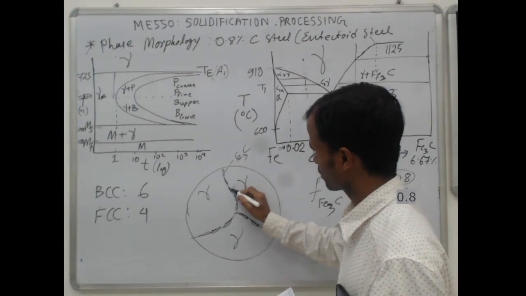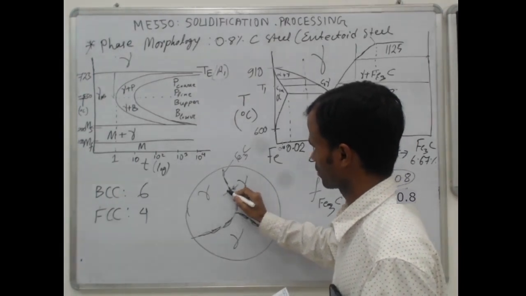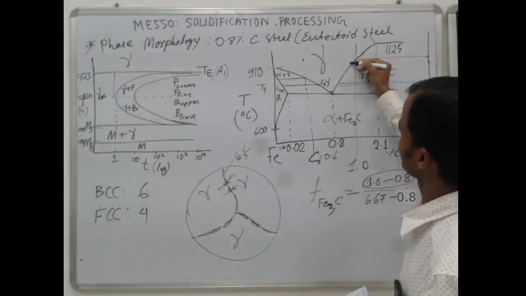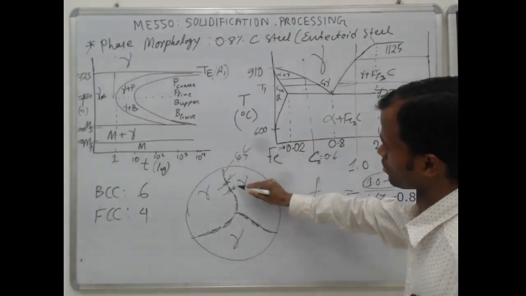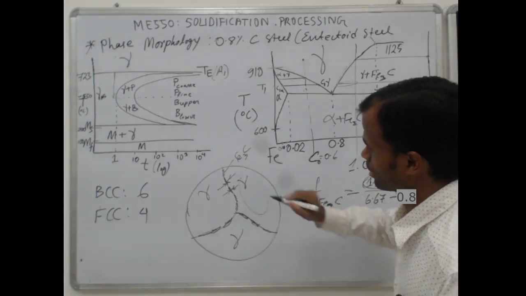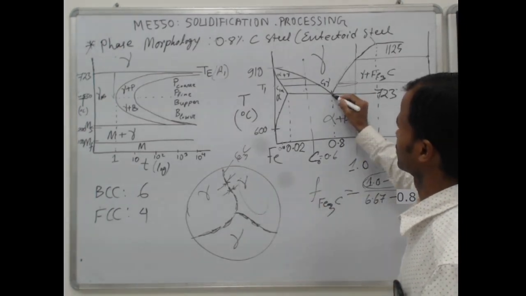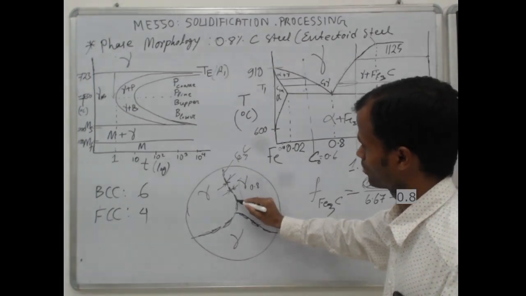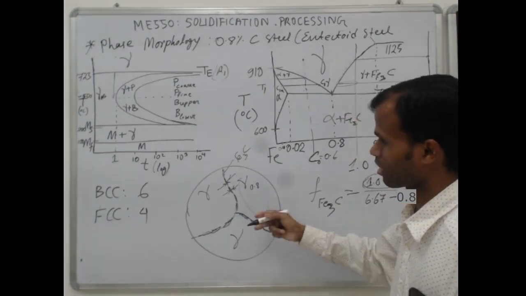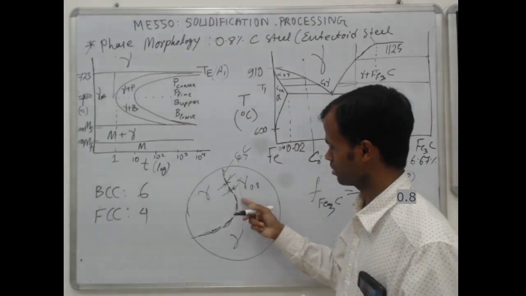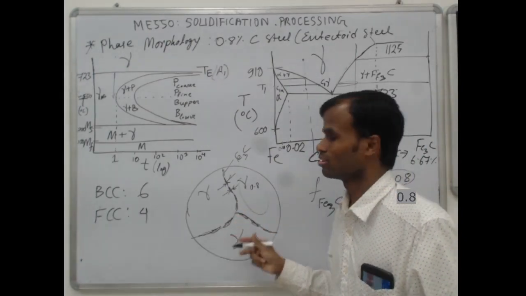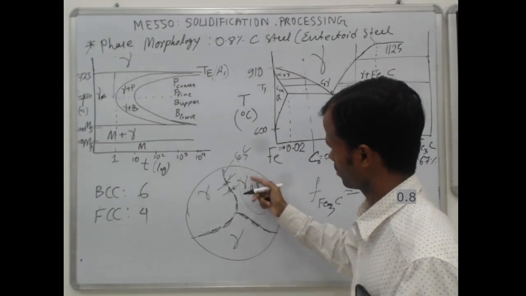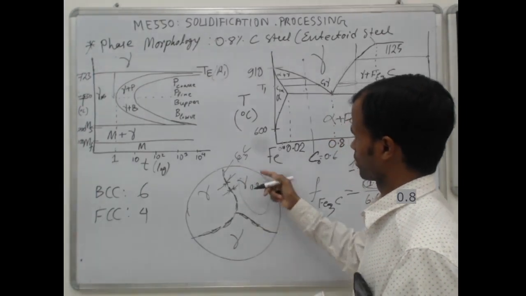Here they will take carbon atoms from the surrounding material. So the carbon percentage in the austenite will drop, and when the carbon percentage in the austenite reaches this 0.8%, not a large amount of cementite will be precipitated because the volume fraction is less, but it will take out carbon from this austenite.